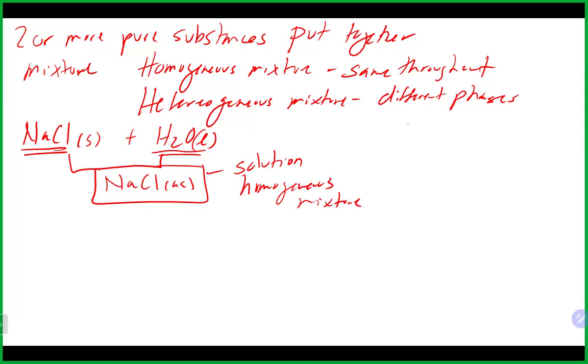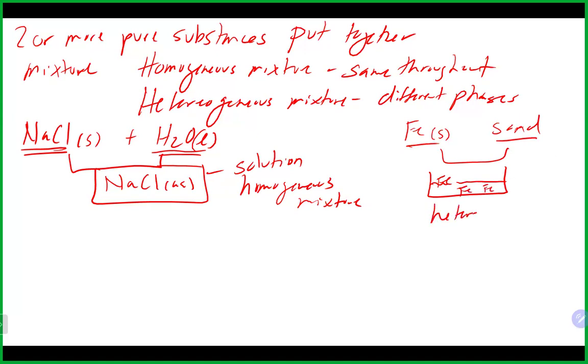Now, if you took something like pieces of iron metal and you mix it with sand, pure substance, put it together, you get basically your iron in your sand, right? And that would be a heterogeneous mixture. You could do whatever you want in that case.